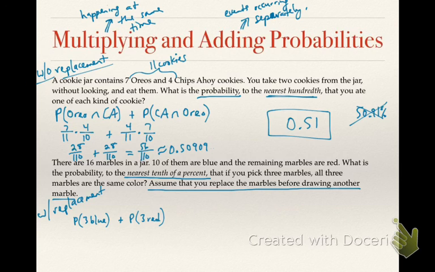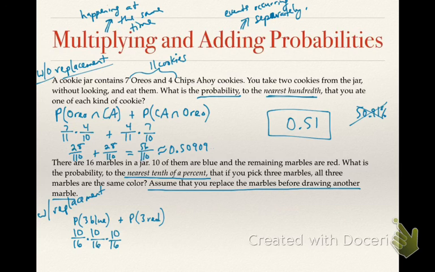Now for the 3 blue, I have to figure out how many total marbles we have. We have 16 marbles. And each time we replace the marbles back in, so we have a total of 16 each time. Picking 3 blue the first time, how many blue are there? There's 10 of them. Okay. But if you put it back in, you still have a 10 out of 16 chance of getting a blue.